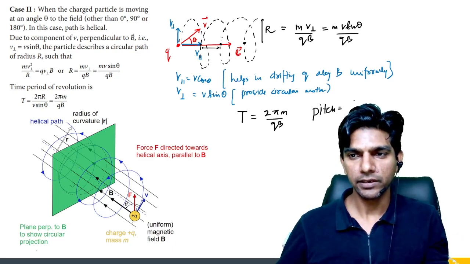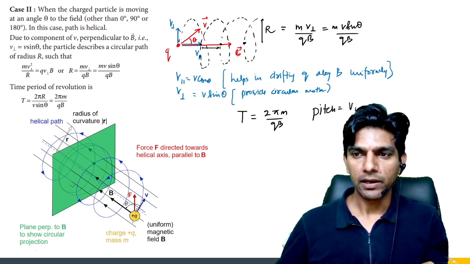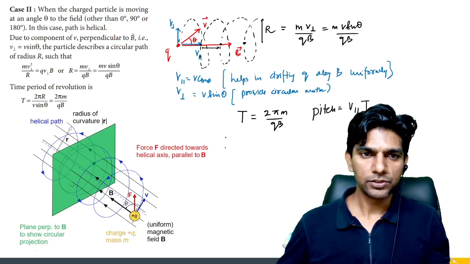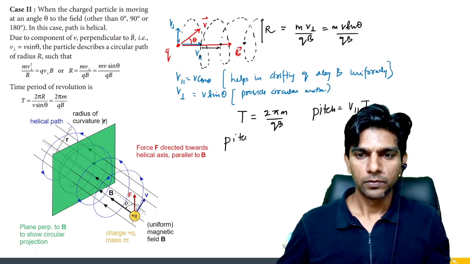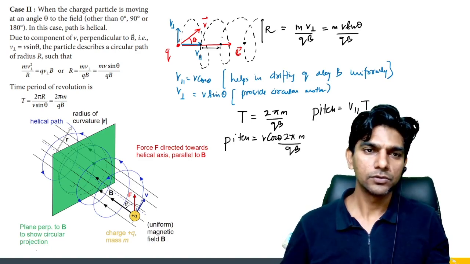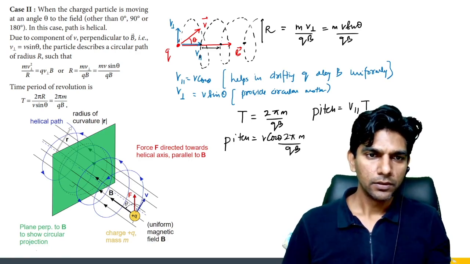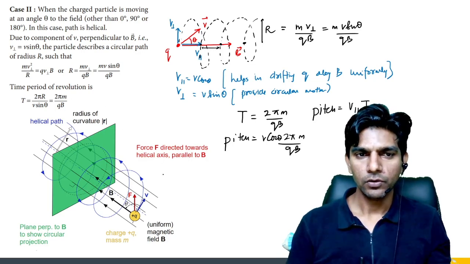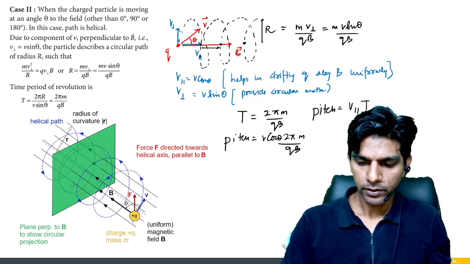So we can say it will be speed into time. Speed is v parallel and time is capital T. So pitch will be v cos theta times 2 pi m by qB. So we should remember these formulas. Okay, so I hope this concept is clear to you.